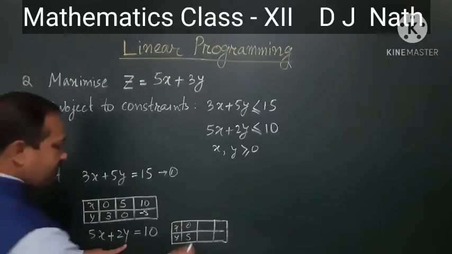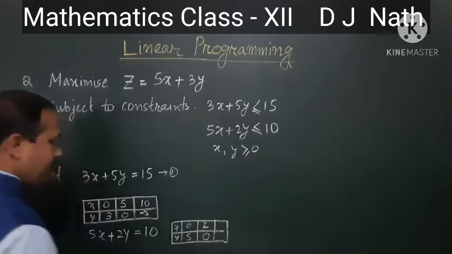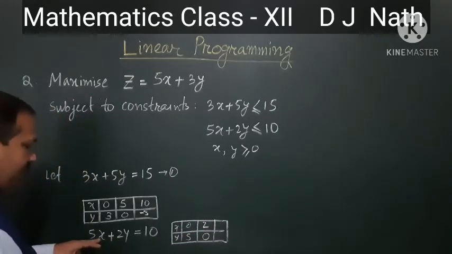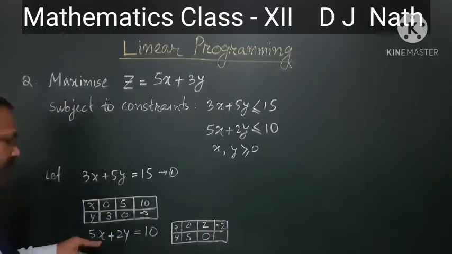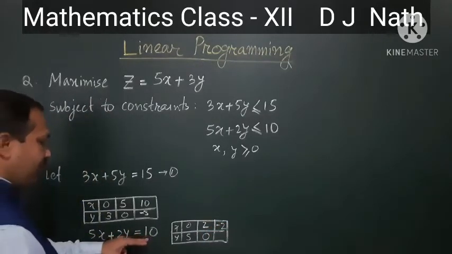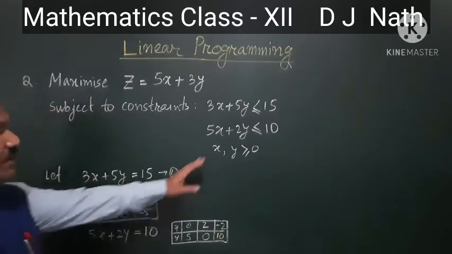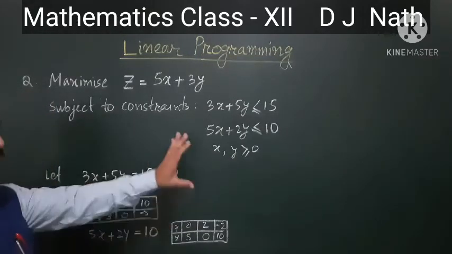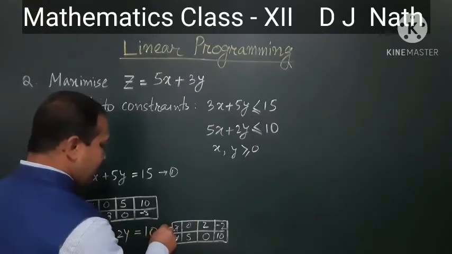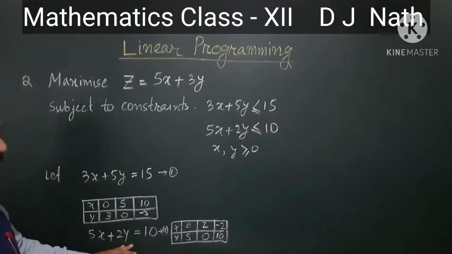If y is 0, then x will be 2. If x is minus 2, then it is minus 10, it will be 20 by 10, which is 10. And x and y both are greater than 0, so no problem. So we will plot these points on the graph. This is equation number 2. Plotting the points of equations 1 and 2 on the graph.